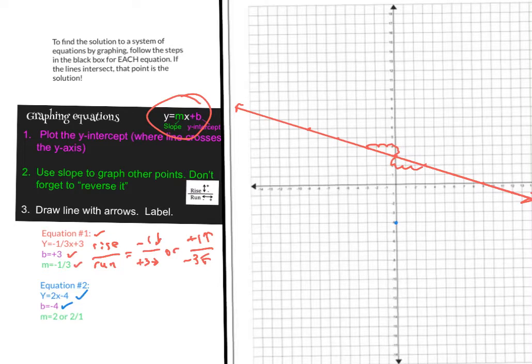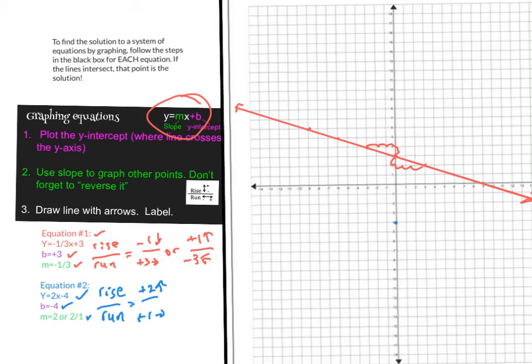Then I'm going to use the slope, which is a 2, or another way to write that is 2 over 1. So I can see my rise over my run, and that is a positive 2 over a positive 1. So that means I'm going to go up 2 and to the right 1 to start with.